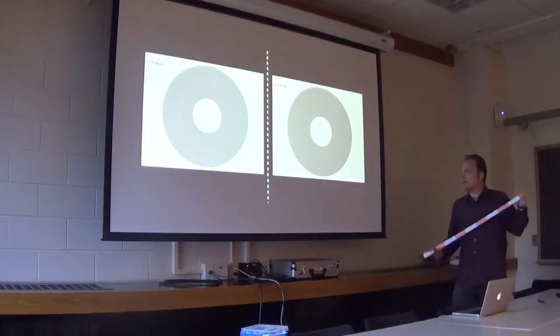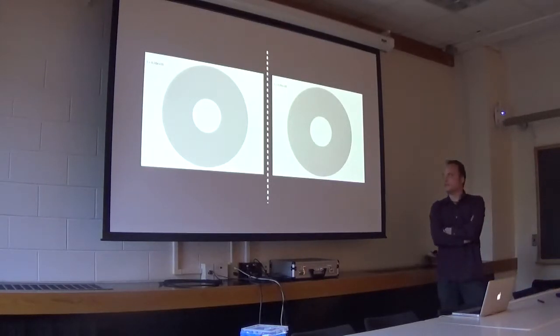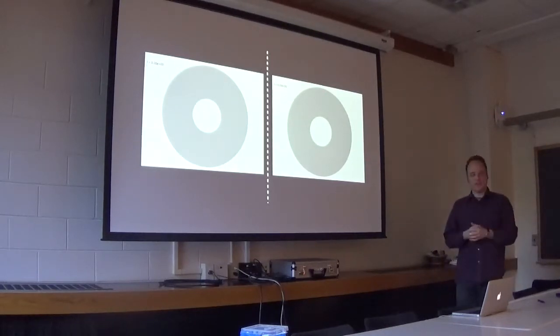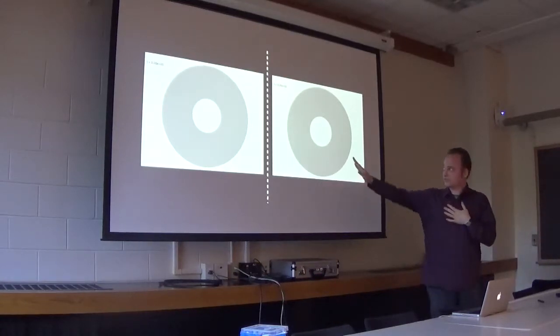So the first problem I ever applied this code to was planets and protoplanetary disks, in particular gap opening. When planets form, they form in a disk of gas and dust, although I'll just be looking at the gas. When the planet gets massive enough, it starts to gravitationally interact with the disk.